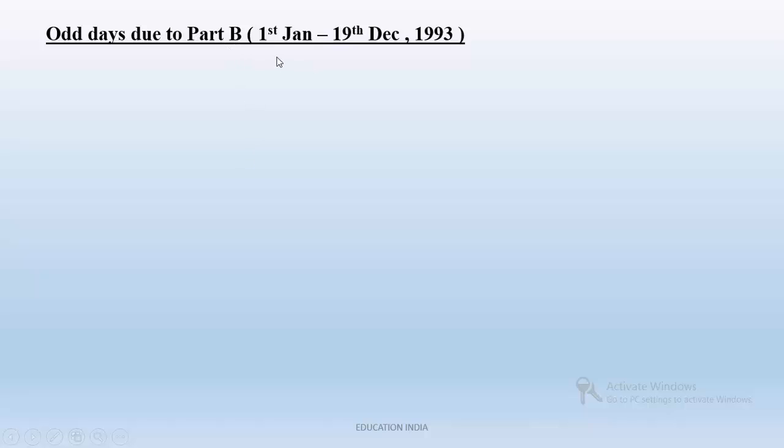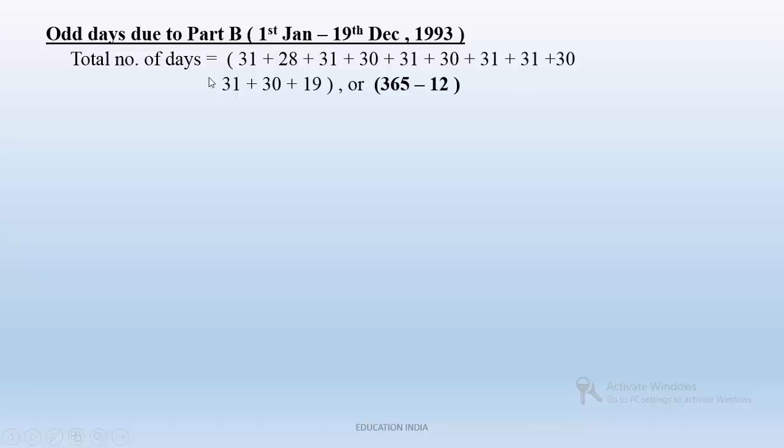Part B consists of the current year from 1st January to 19th December. The total number of days required for our calculation of part B can be calculated as 31 for January, 28 for February, 31 for March, 30 for April and so on, which brings us to 19 days of December.